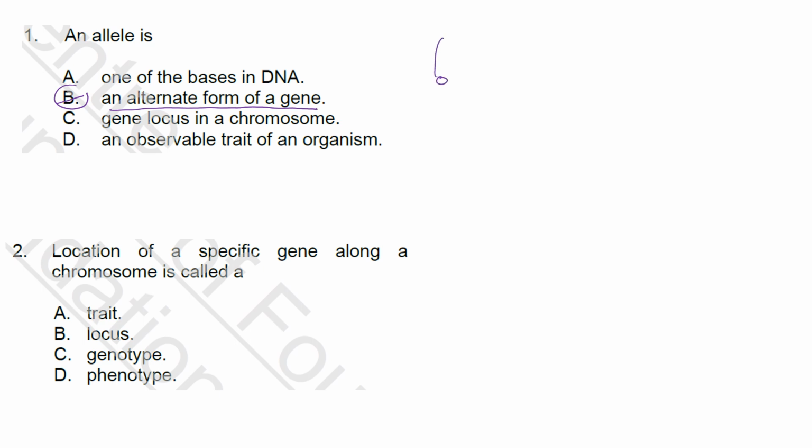Basically, when you have, for example, a homologous chromosome, a set of chromosomes where you inherit one from your father and also from your mother, and then for example here you have a gene, this region along the chromosome that codes for your eye color.